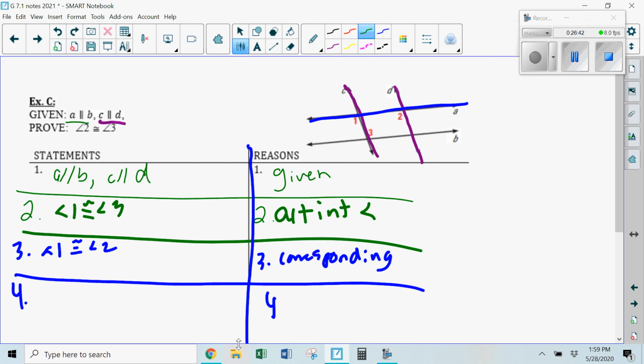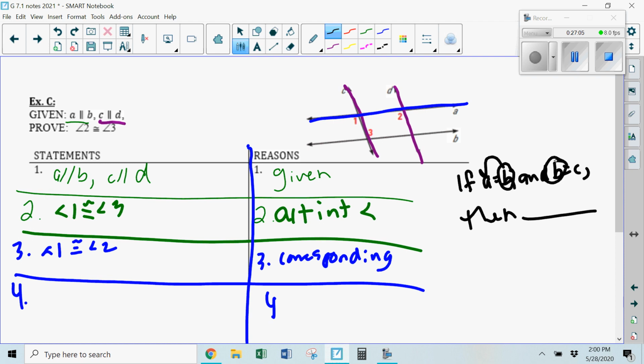Now, we're going to use something from a couple days ago. We're going to use what's called the transitive property. Here's what the transitive property says. You don't need to write this if you don't want to. If A equals B and B equals C, then blank. Well, if B matches A and B matches C, doesn't that mean A has to match C?